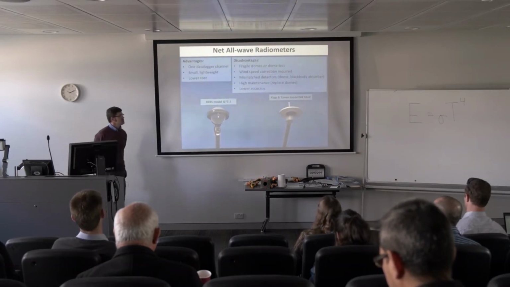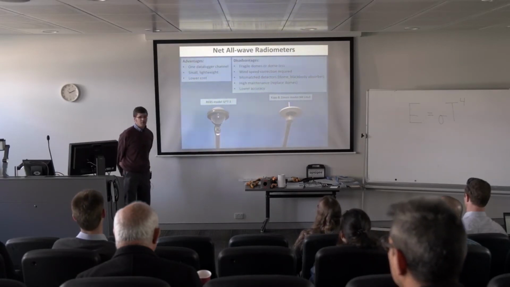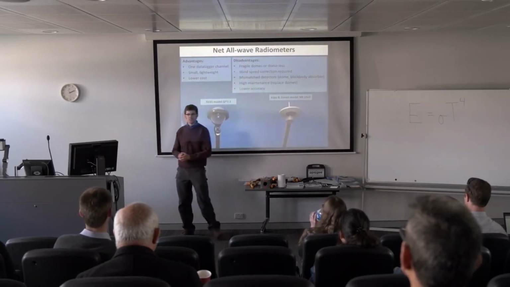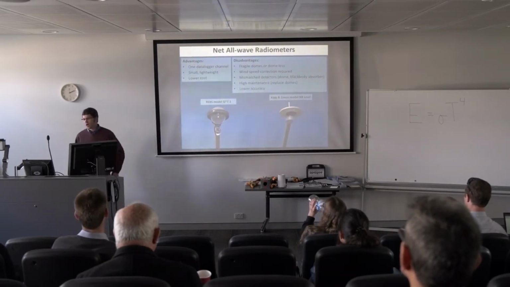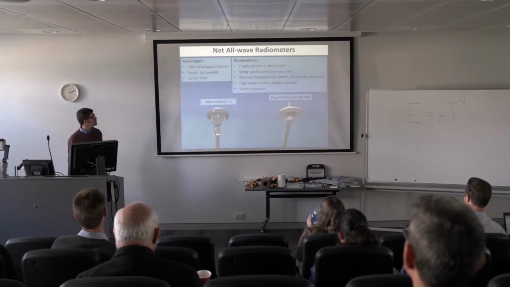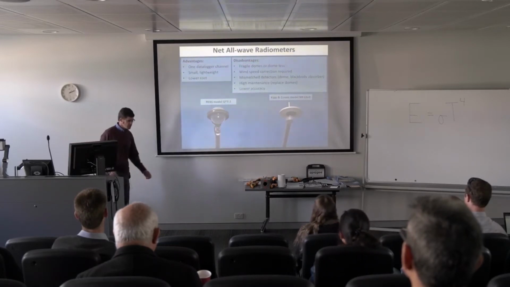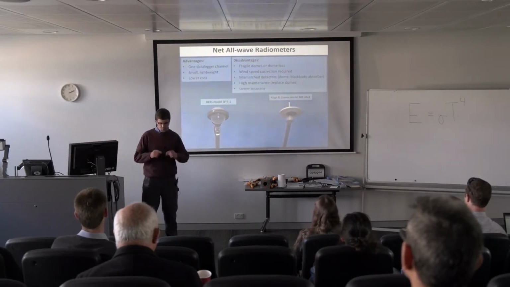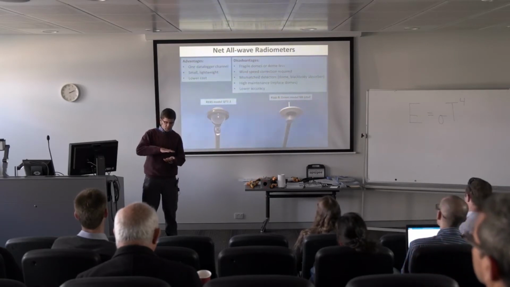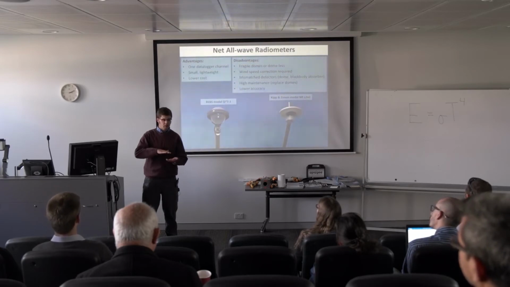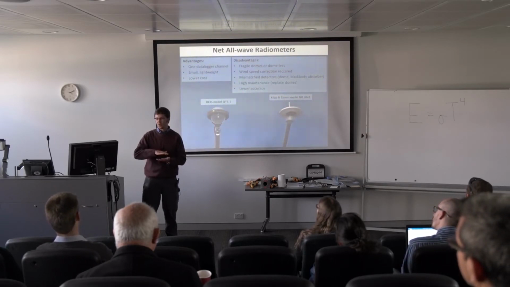But the major disadvantages, they have fragile domes and they're domeless. This domeless guy requires a wind speed correction because if the wind's blowing over top of it, it can change the energy balance. If you have mismatched detectors, that can be a big problem. Essentially what that means is you only have a single sensor and you've got one detector surface on the top side of that sensor or thermal pile and one detector surface on the bottom side of that thermal pile.